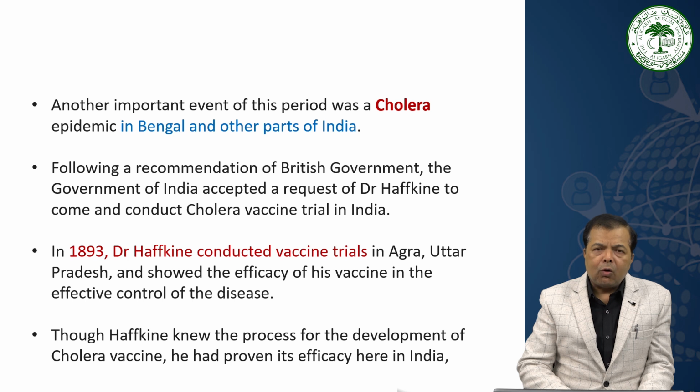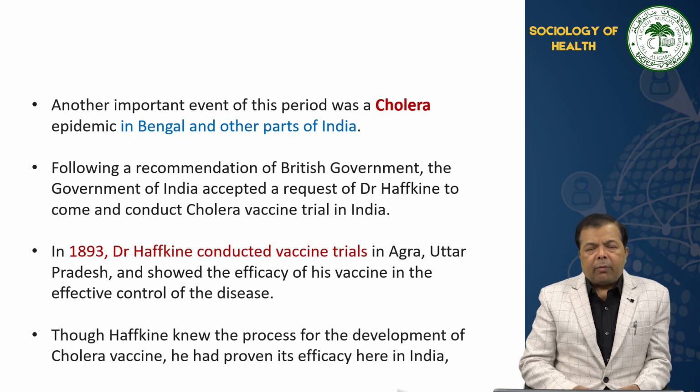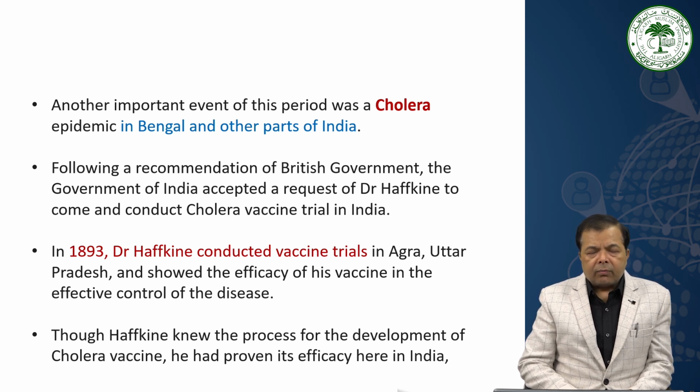So cholera was a global problem, and there were some initiatives taken in the United Kingdom, and there were experts who had developed certain vaccines and wanted to have some kind of clinical trial. So Dr. Haffkine was allowed to come to India and make those trials.